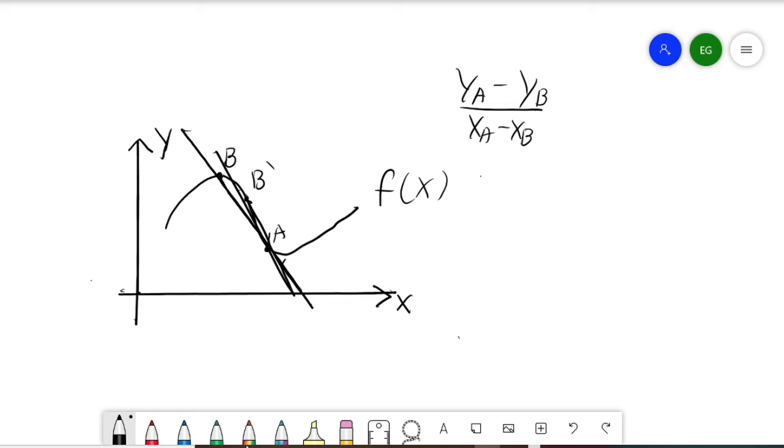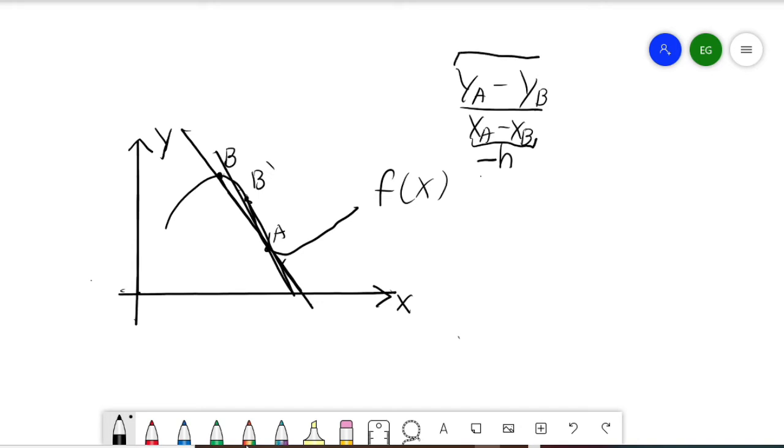So we will call their distance h, specifically their distance between their x values, meaning that xa minus xb will approach negative h. So this will be negative h.